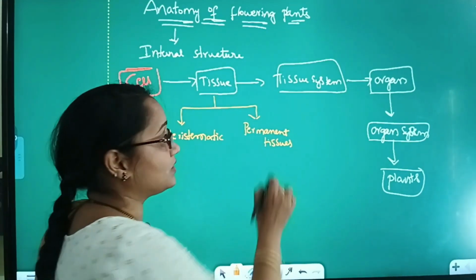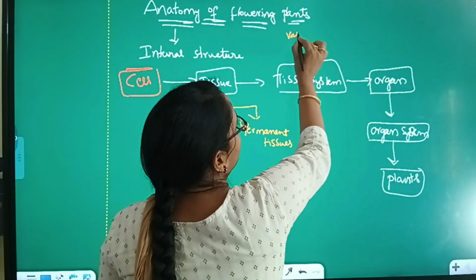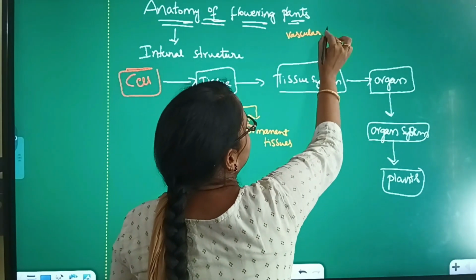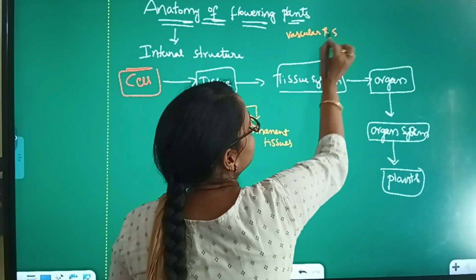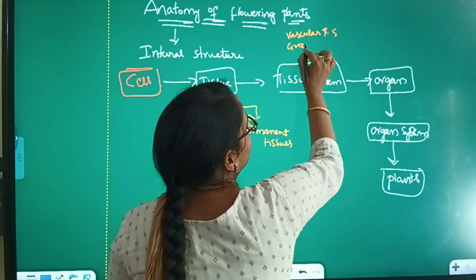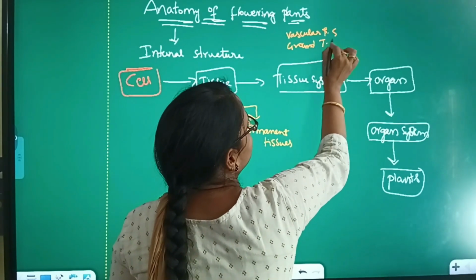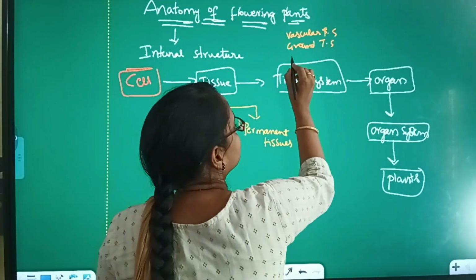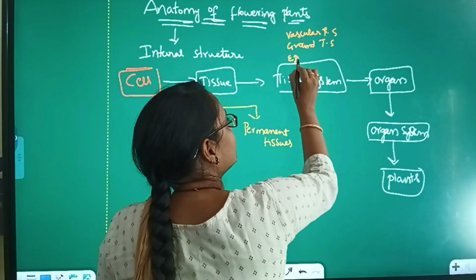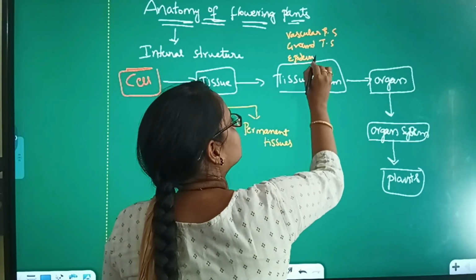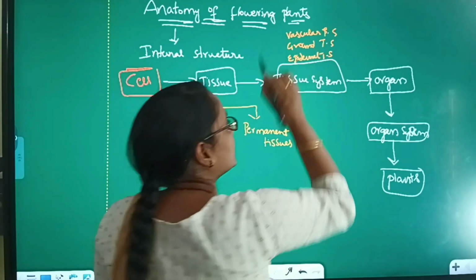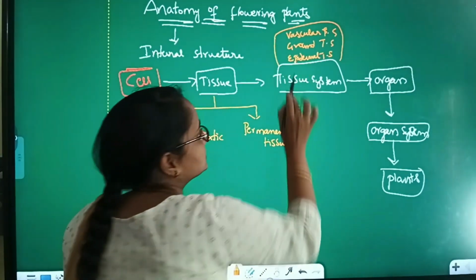Under tissue system, vascular tissue system, ground tissue system, epidermal tissue system. Right, under this we are going to discuss this.